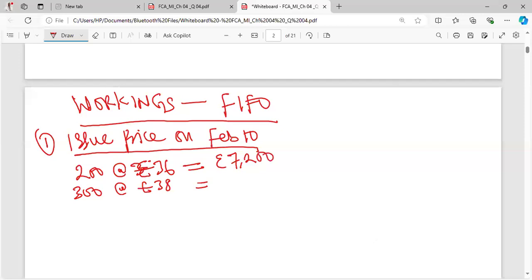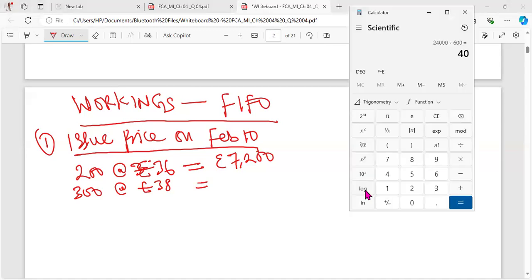Then the next thing is the 300 at 38. 300 multiplied by 38 gives us 11,400.